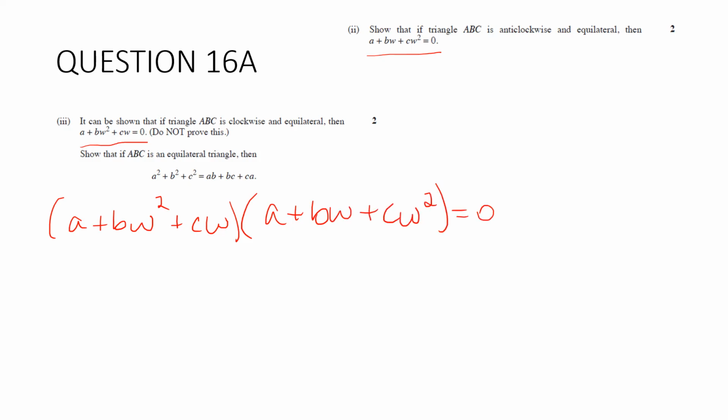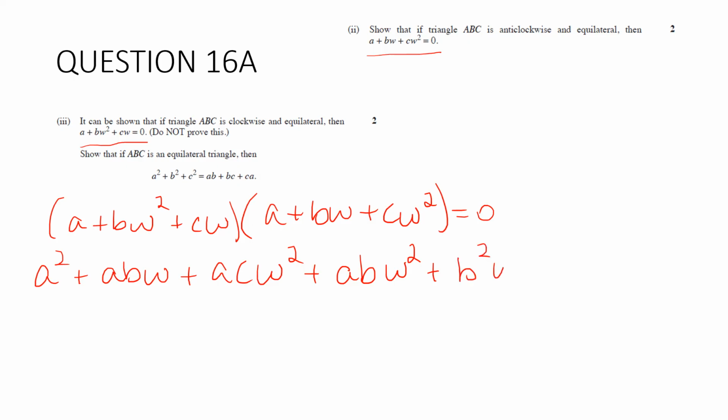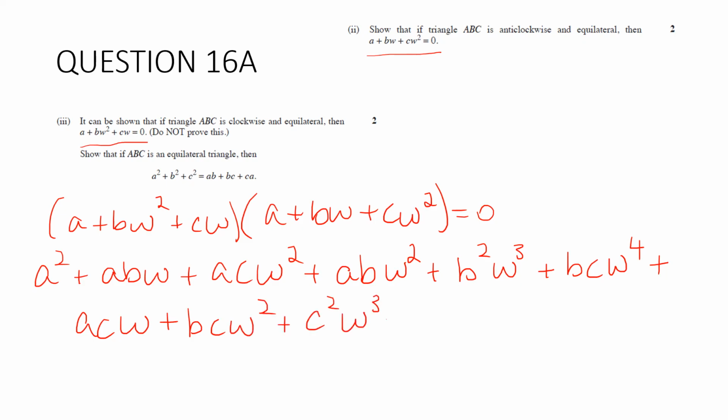And expanding that out, we get A squared plus ABW plus ACW squared plus ABW squared plus B squared W to the power of 4 plus BCW cubed, sorry, that one's cubed there. My apologies. Plus BCW to the power of 4, plus ACW plus BCW squared plus C squared W cubed is equal to 0.